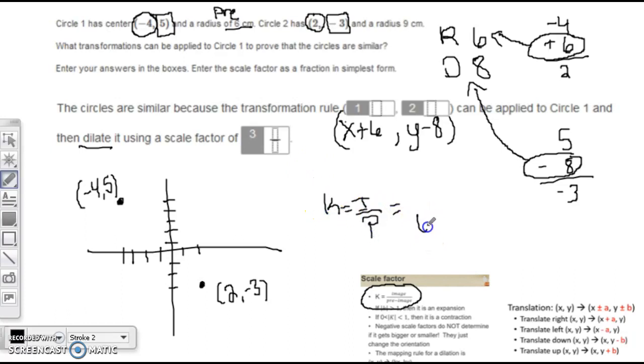I'm going to put that on the bottom for pre-image. Our image radius, what we end with, is 9. And if we reduce that, and I think they're going to always want it reduced, if we reduce 9 over 6, we could divide the top and bottom by 3. And our scale factor would be 3 over 2.